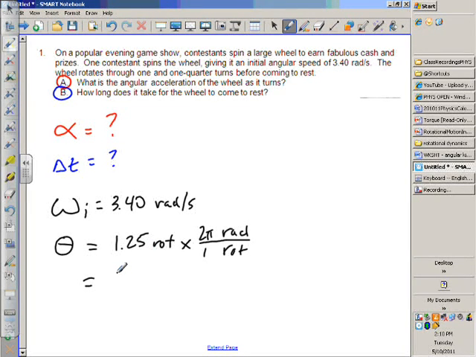It says that the wheel rotates through 1 1/4 turns, right? So that's a how far, right? But we don't want it in terms of turns. We want it in terms of radians. I'm saying how did you know 1.25 could equal 2 pi radians? This is the important part here. Yeah, no, I know that.